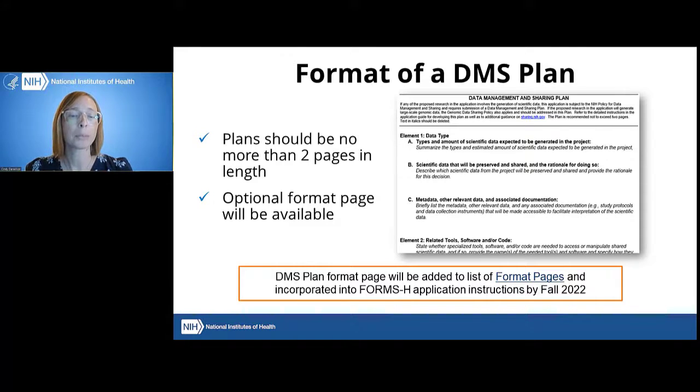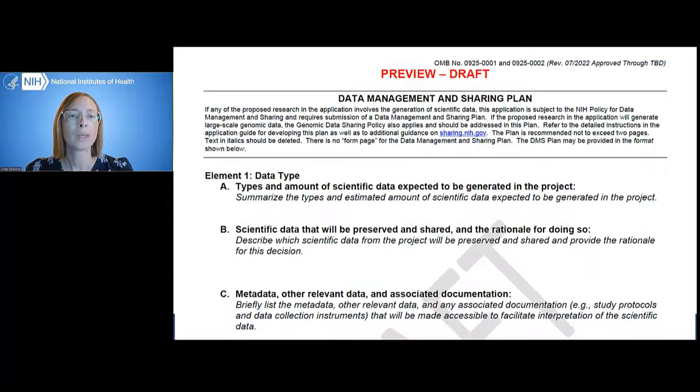We have made available a preview of that format page or template, which I'll bring up now. This is currently a draft version, which is undergoing OMB clearance under the Paperwork Reduction Act. And when that process is complete, the final version of the document will be posted in a fillable format. The goal of this format page is to help investigators address all of the elements while still providing the flexibility to write a plan that works best for each project.